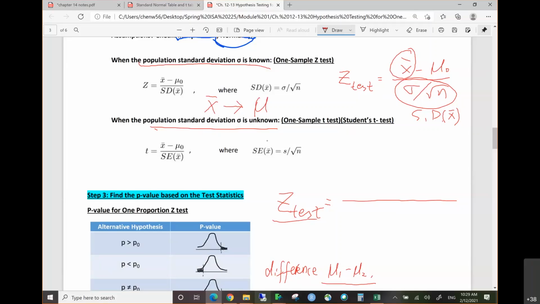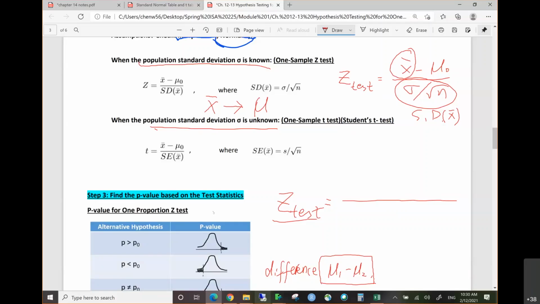What do you think? We say for one sample, we use the x bar, the sample mean, to estimate the population mean. Now we want to test about mu1 minus mu2. Then what can you use to estimate mu1 minus mu2? Abby, what do you think?